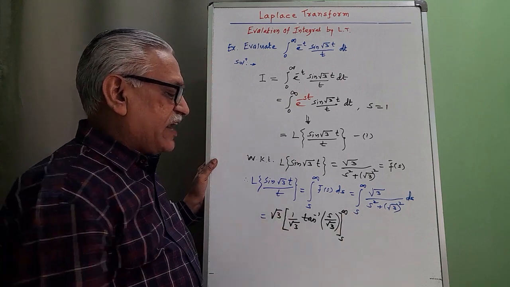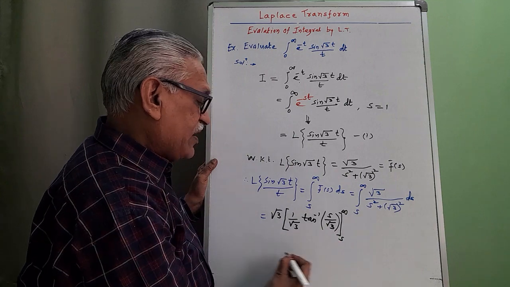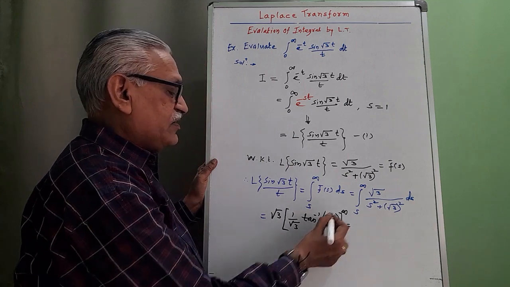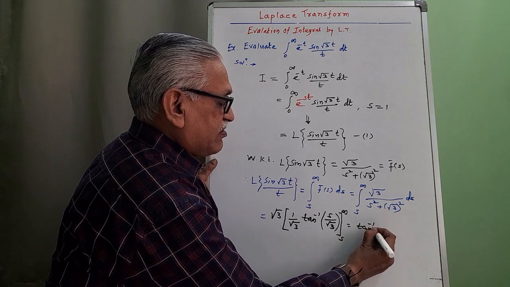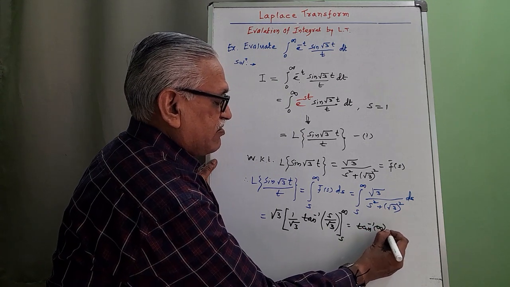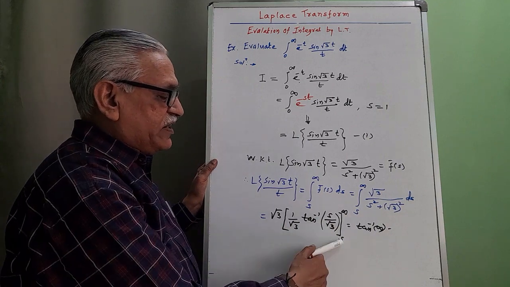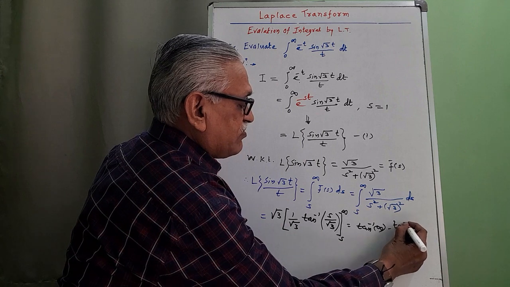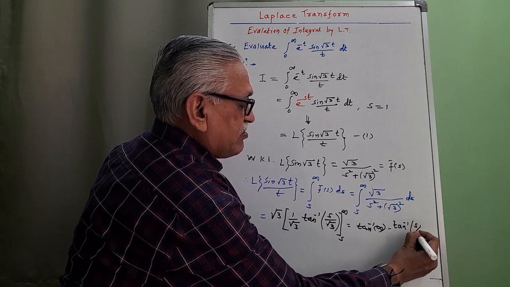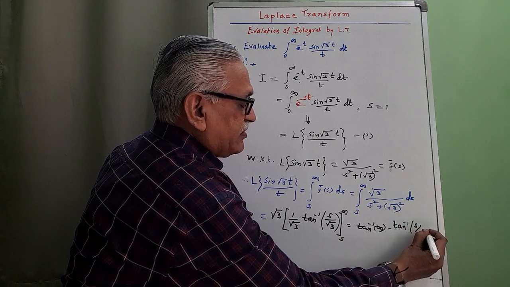Root 3 gets cancelled. Subtracting the upper and lower limit, for the upper limit it becomes tan inverse of infinity, minus, for the lower limit s replaced by s, we get tan inverse of s by root 3.